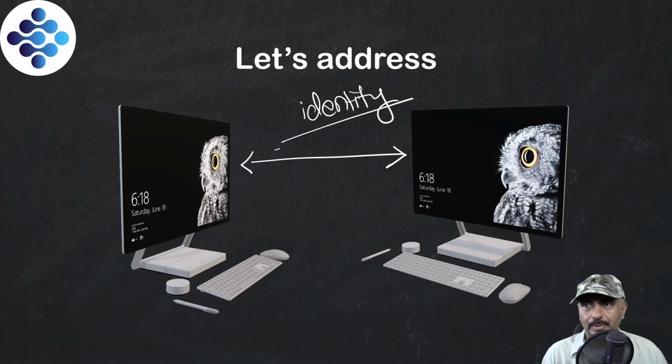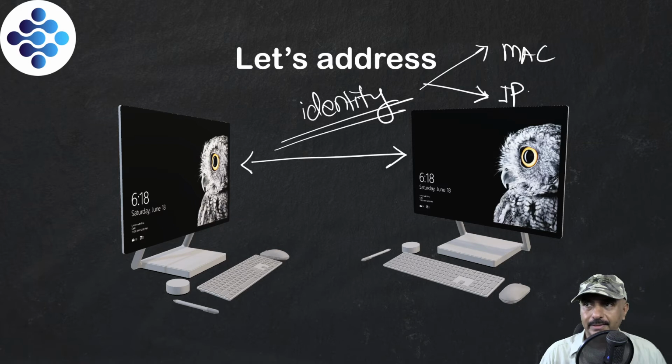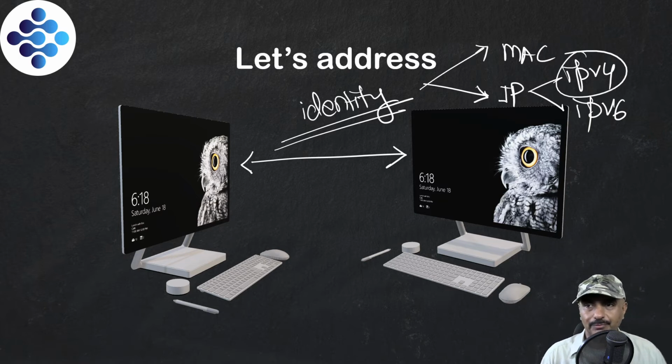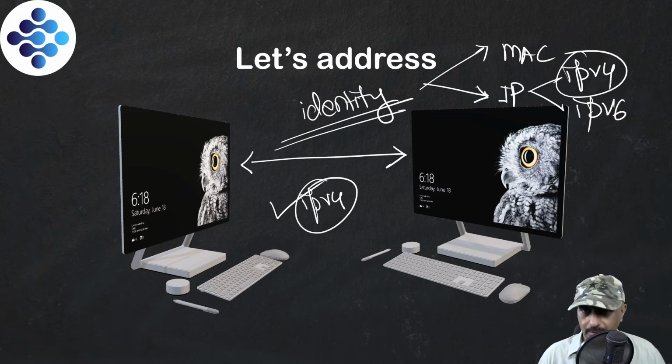When we talk about identity, we said that there are two types of identity. One is the MAC address and second is the IP address. And in IP address there was IPv4 and IPv6.